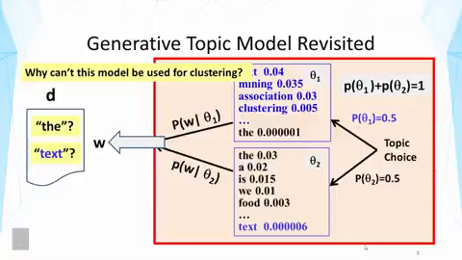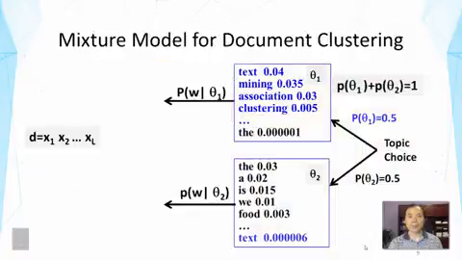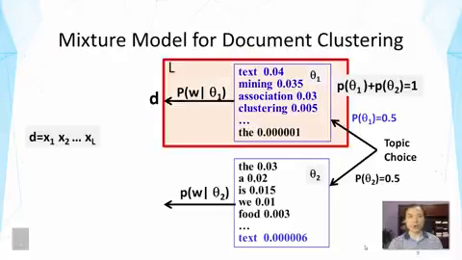If you realize this problem, then we can naturally design an alternative mixture model for doing clustering. This is what you're seeing here. We again have to make a decision regarding which distribution to use to generate the document, because the document could potentially be generated from any of the k word distributions that we have. But this time, once we have made the decision to choose one of the topics, we're going to stay with this distribution to generate all the words in the document.